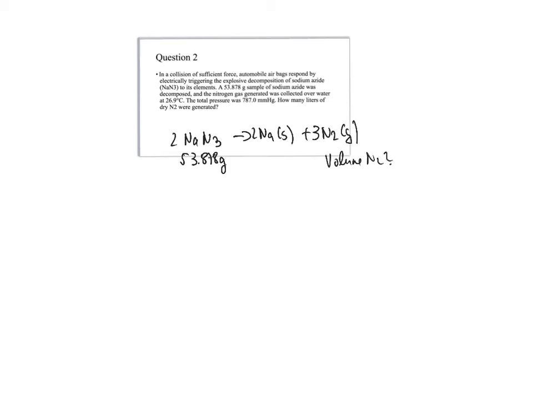I want them below the chemicals in the balanced chemical equation. So my thought process is to convert this into moles of sodium azide, then use the coefficients to get the moles of N2, and then use the ideal gas law.